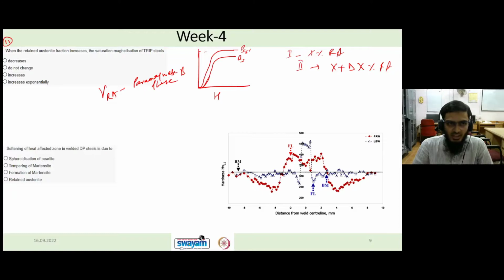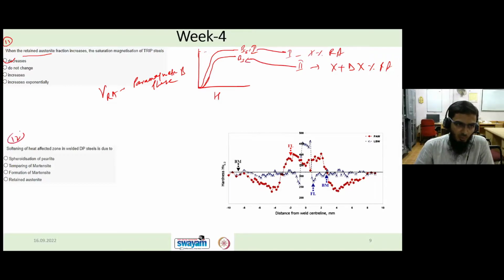So when you increase the amount of retained austenite in your microstructure, it will obviously decrease the saturation magnetization. And this is the principle of magnetometry, which uses the amount of retained austenite in your microstructure to calculate the phase fraction. So curve 1 is for this, and case 2 is for this.